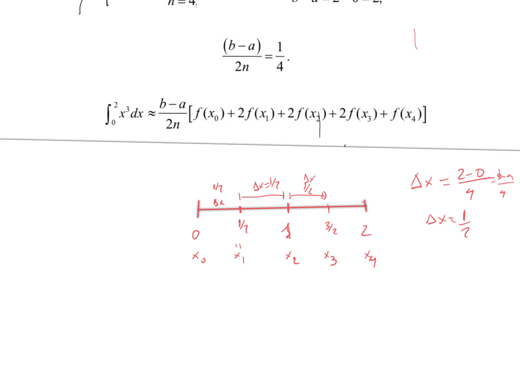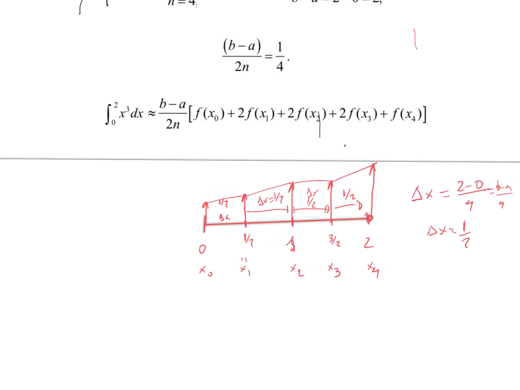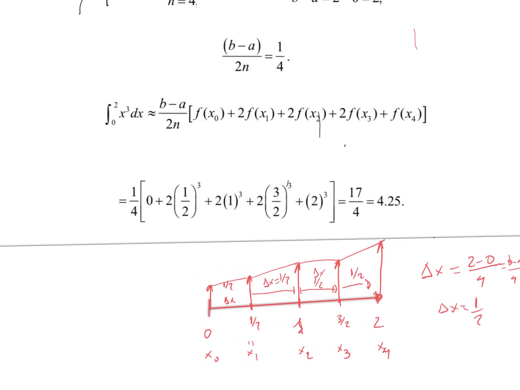And if you add again another 1/2, the last point will be 2. Okay, so these are the points, and I'm going to see what f of 2, f of 3/2, f of 1, f of 1/2, and f of 0 are. And I'm making trapezoids here to find the area, whatever the function is. I don't know what the function looks like. So let's apply our equation that is written here, and let's find the result.